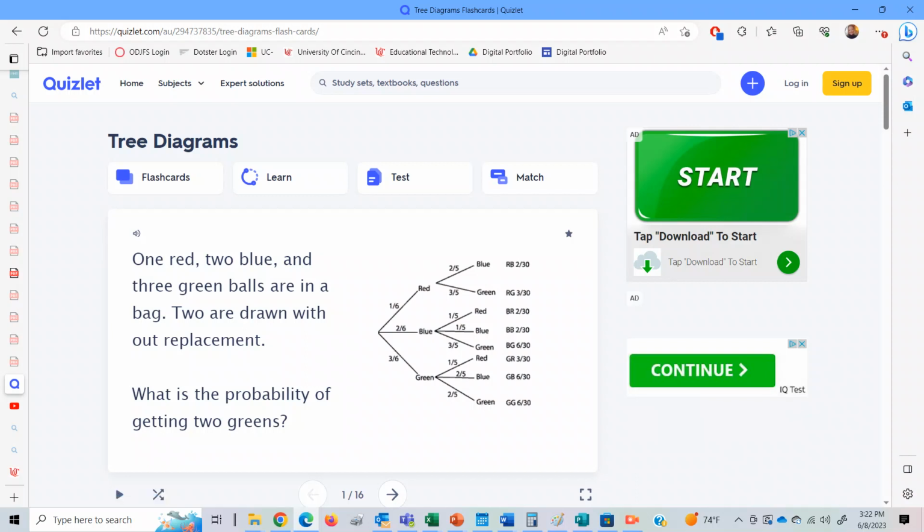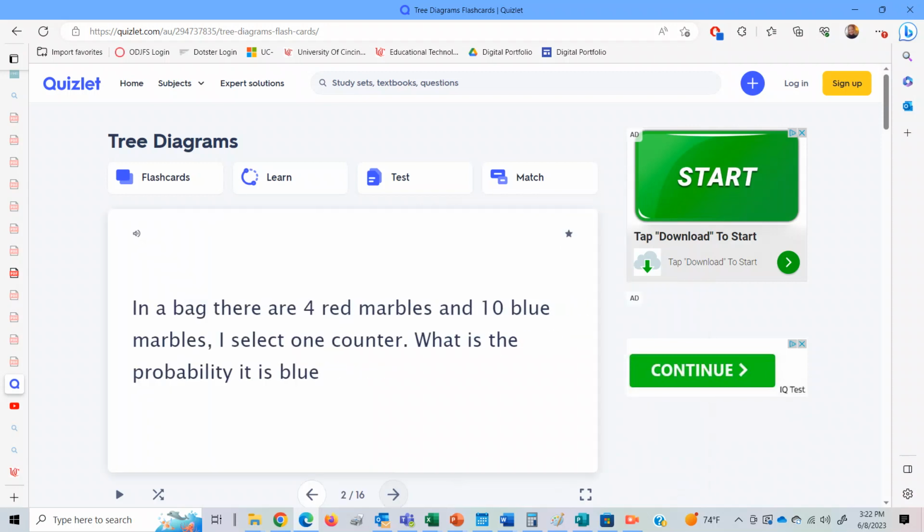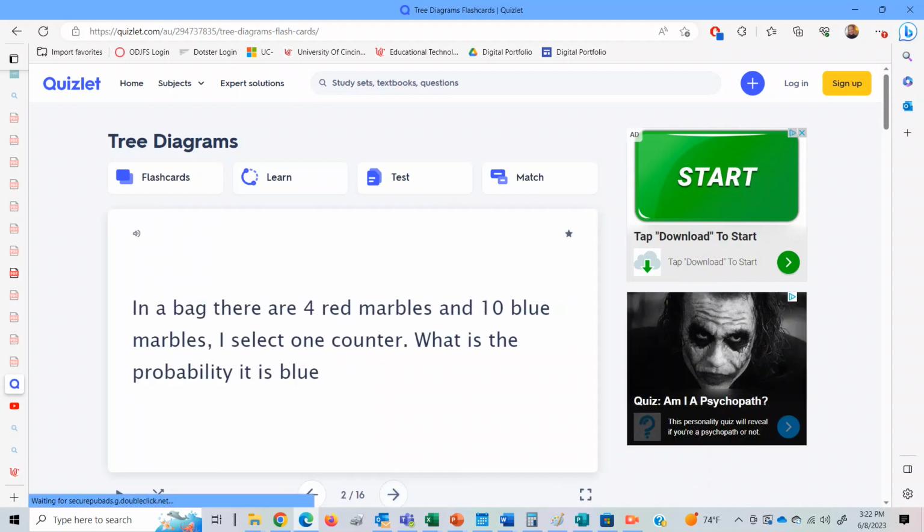They give the student a question. In this case, given the tree diagram, what is the probability of getting 2 greens? Well, they can follow the tree diagram and come up with an answer. Then they flip the card, and there is the answer. And there's multiple cards, so they can proceed to the next one.